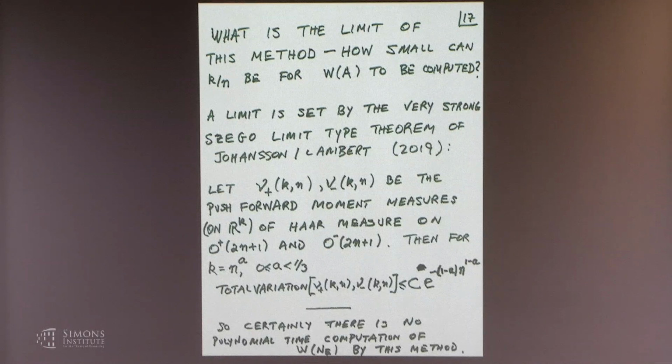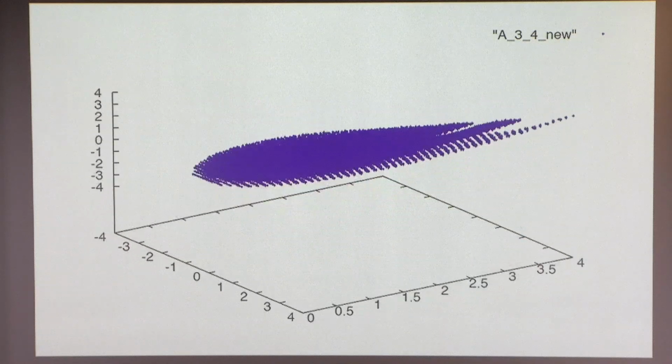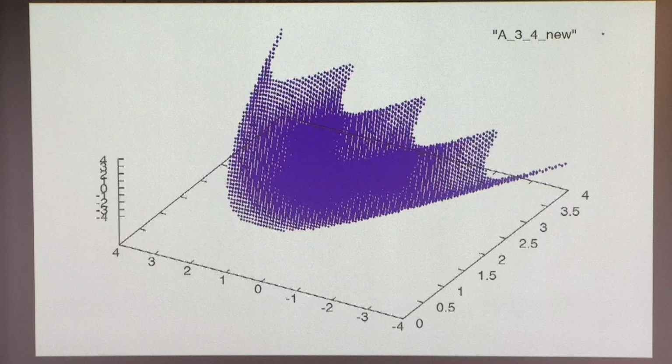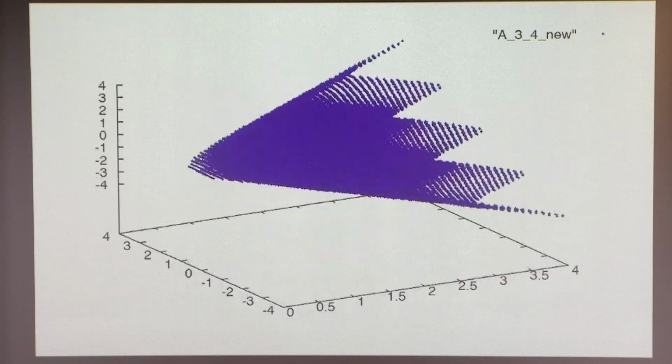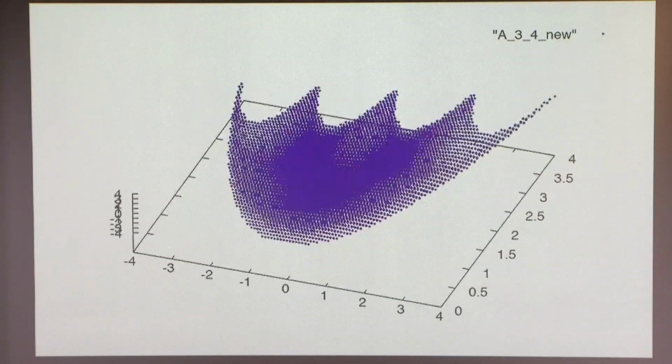I'll give a picture now. This is A34 from different angles, to where you come back to where you started. So when you face it from one side, it's the A34 in dimension 2, and now he's just moving around the density plot. So it's quite a complicated set.